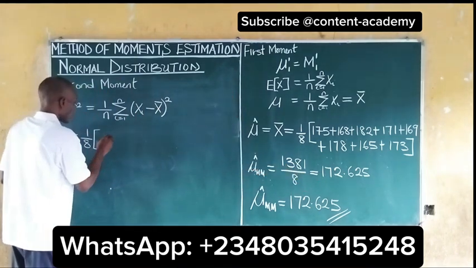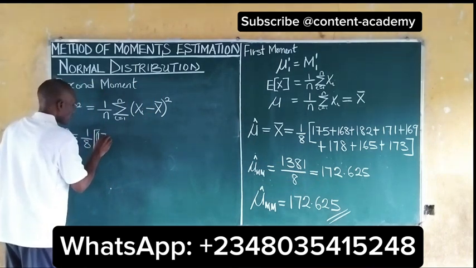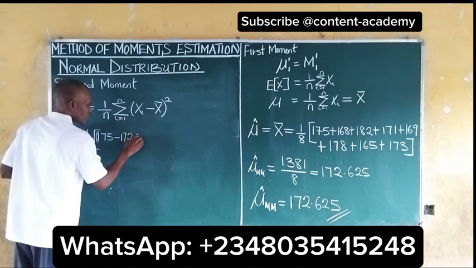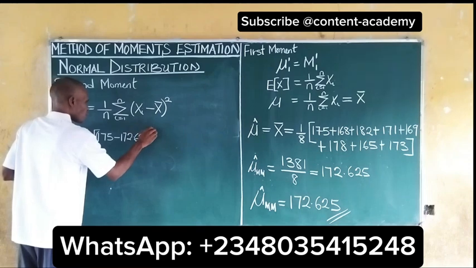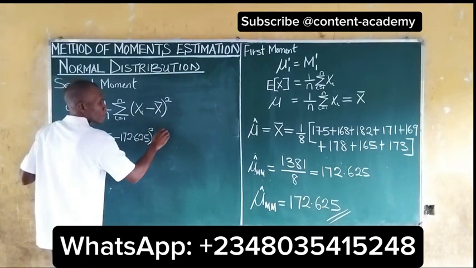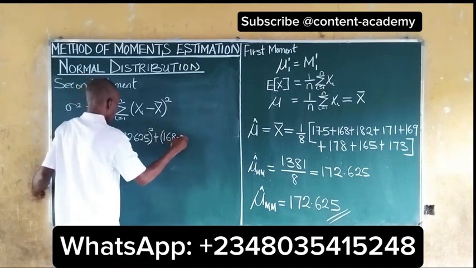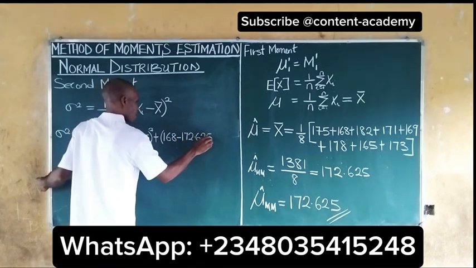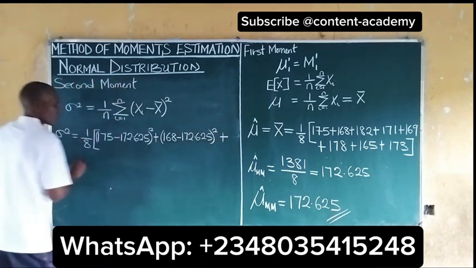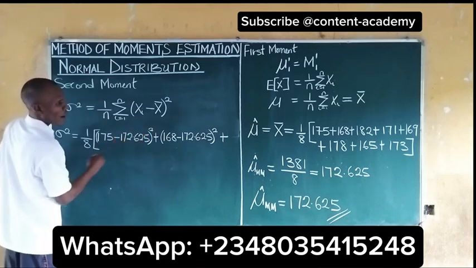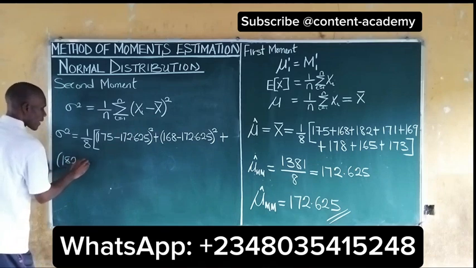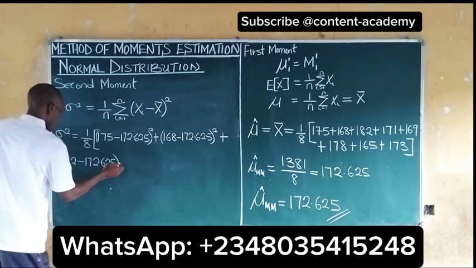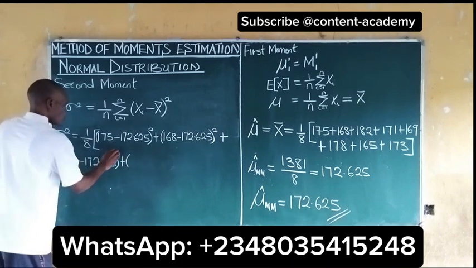The first one is 175 minus 172.625, plus the second one, 168 minus 172.625, plus the third one, 182 minus 172.625, each all squared.